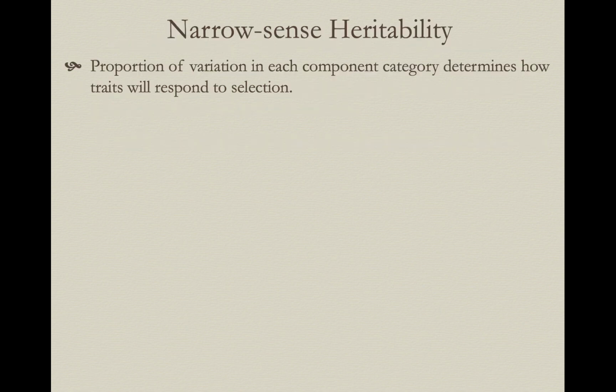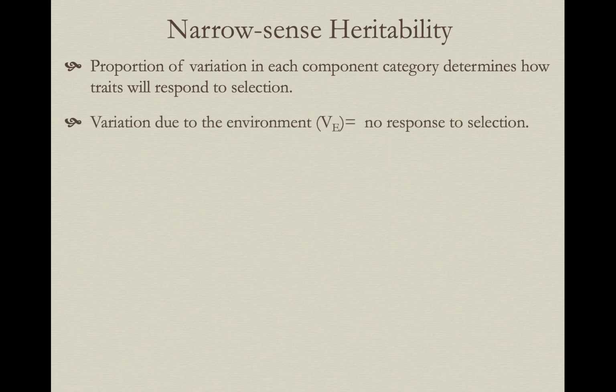Now, the reason it's important to calculate this, if you're studying the potential genetic effect on a trait's phenotype, is that the proportion of variation in each component really tells you how well this trait is going to respond to some selection pressure. If the phenotypic variation is due simply to environmental variation, selection can't do anything with that, right?